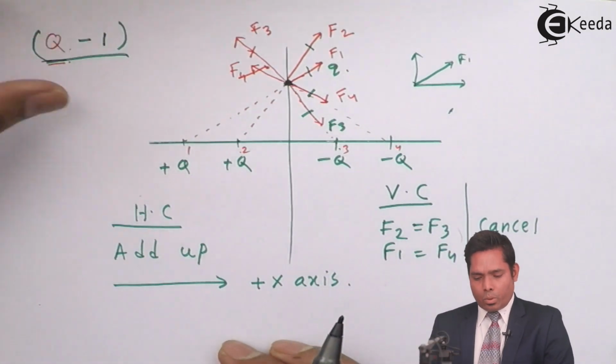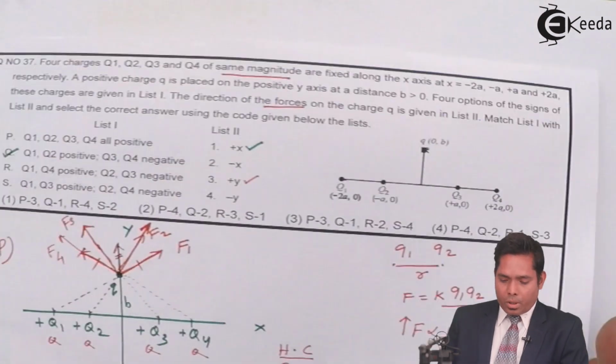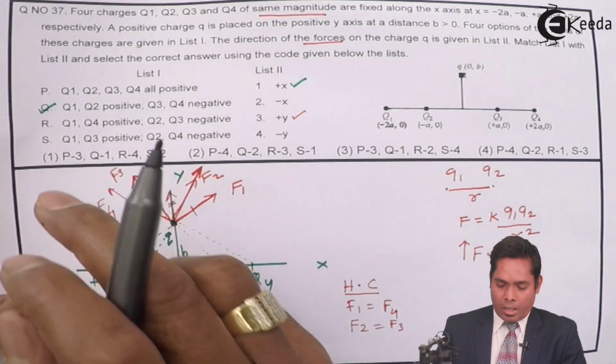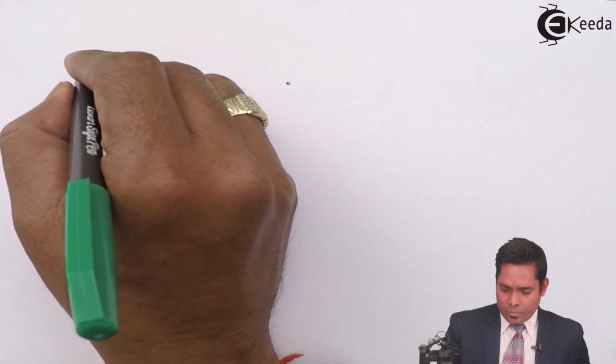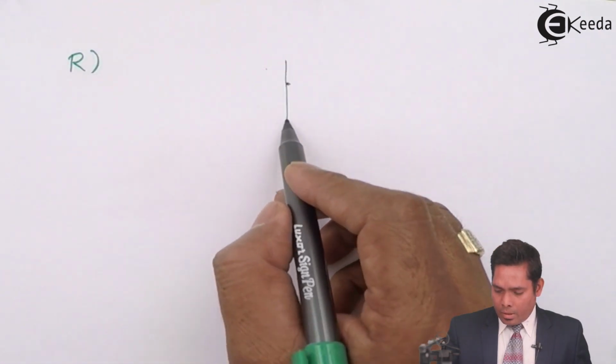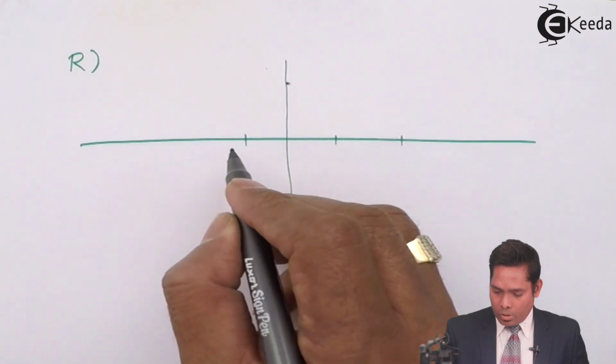Similarly, we will move to option R. In R, what is the situation? Let us see. In R, again we have the charges placed 1, 2, 3, 4.